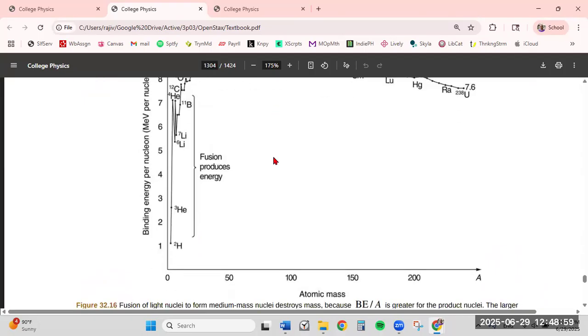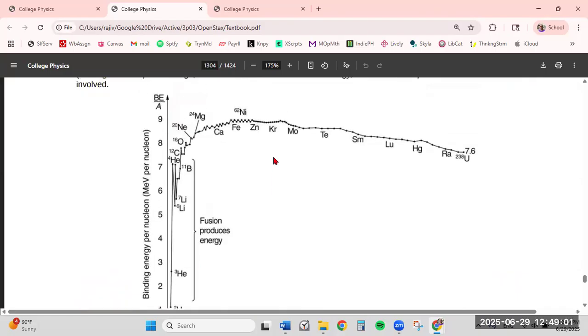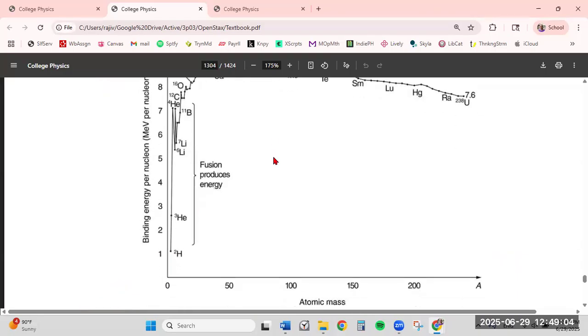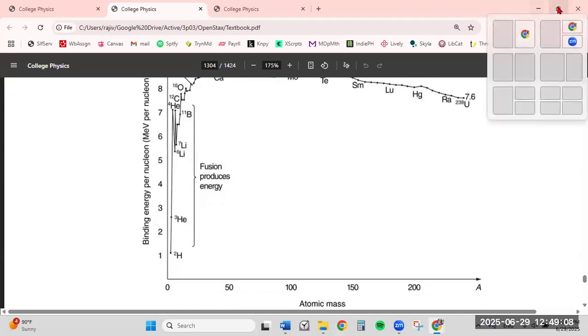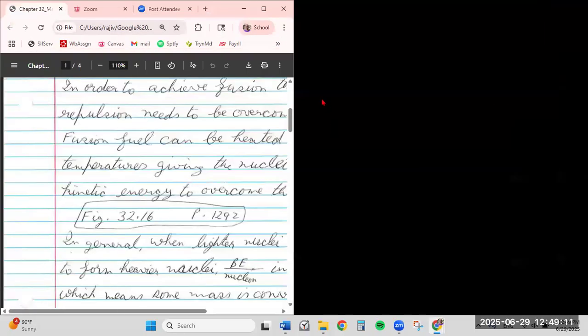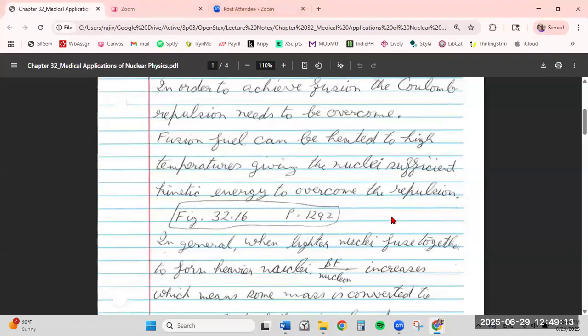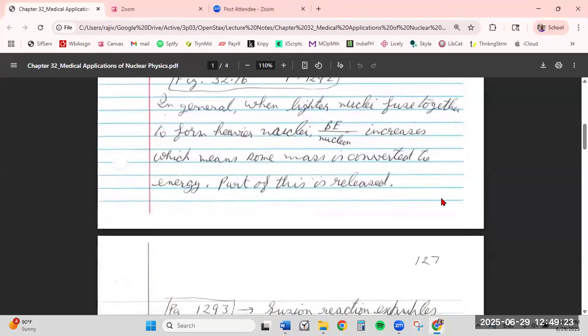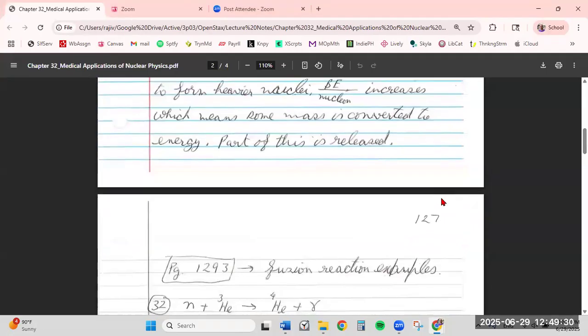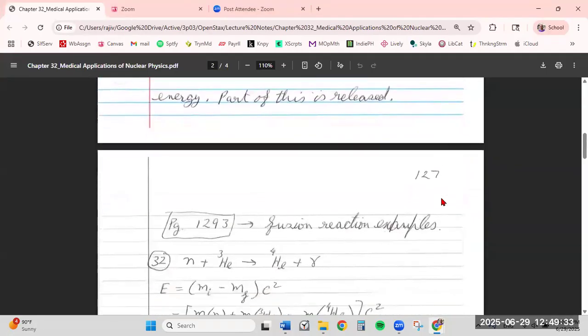It has also been used for some destructive purposes in building bombs, etc. So in general, when lighter nuclei fuse together to form heavier nuclei, binding energy per nucleon increases, which means some mass is being converted to energy. And some of this energy is released and can be utilized.